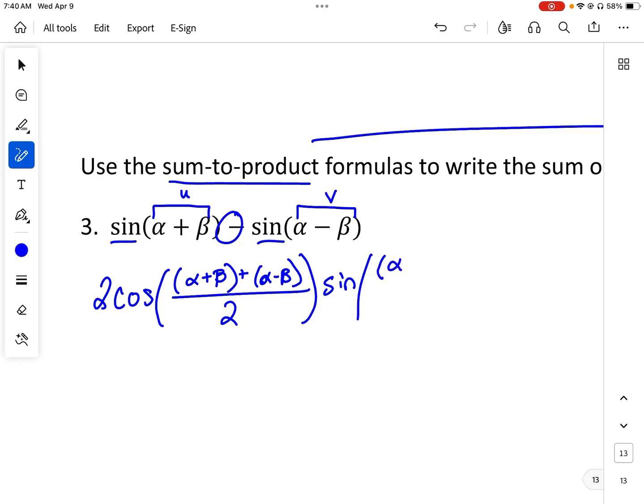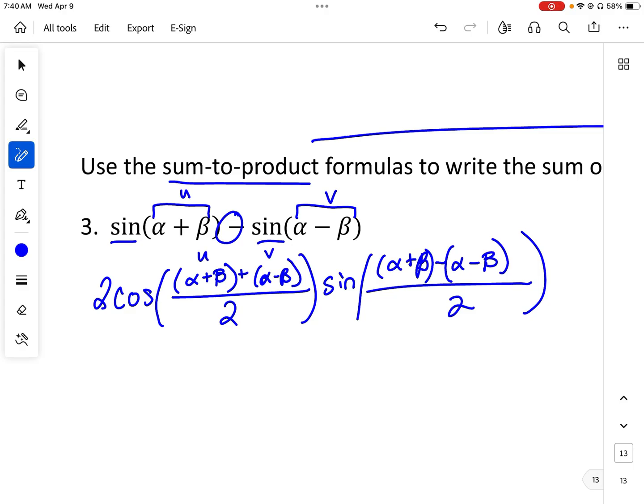And then sine alpha plus beta minus alpha plus beta, alpha minus beta over 2. So let's double check that we did this right.